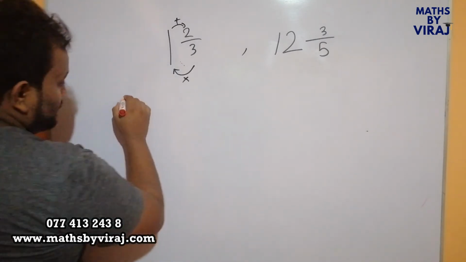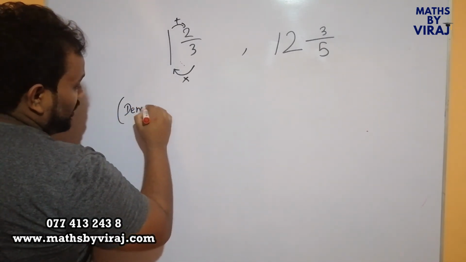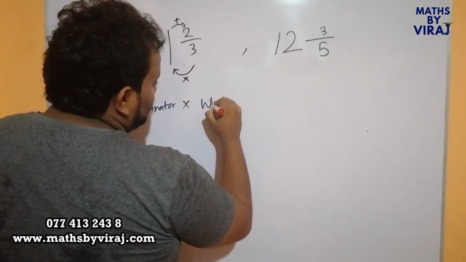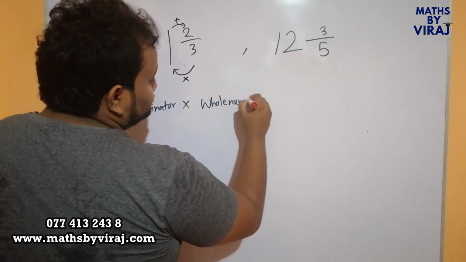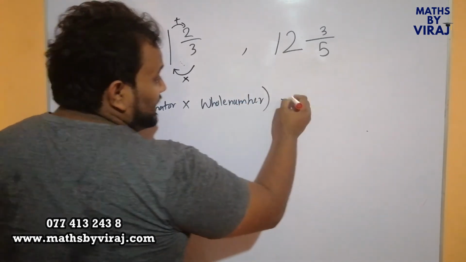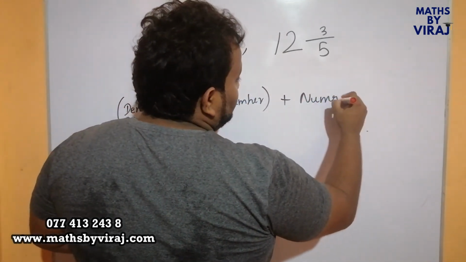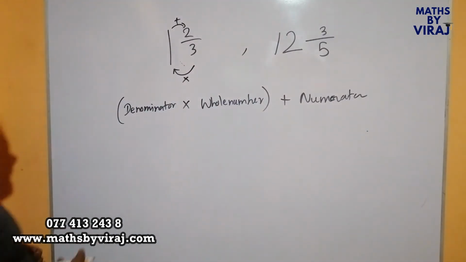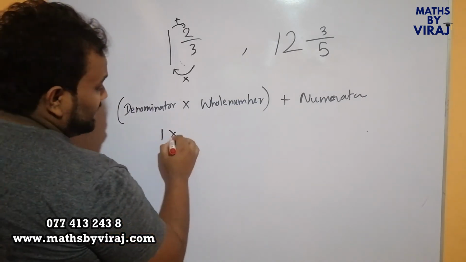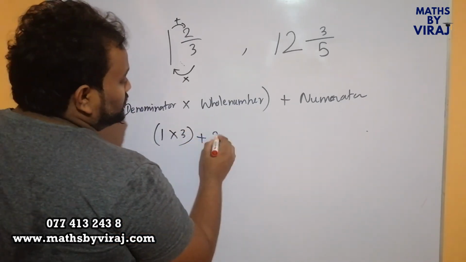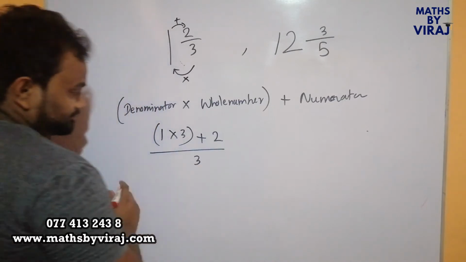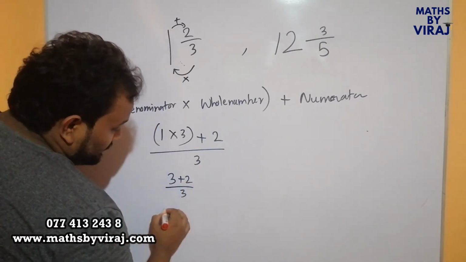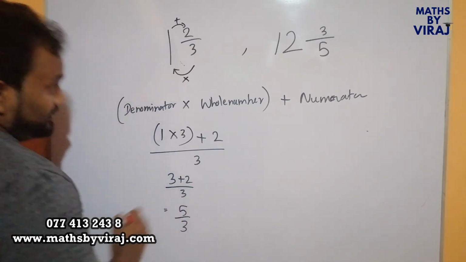The denominator is multiplied with the whole number. To that we add the numerator. Here 1 into 3 plus 2, which is over 3. 1 into 3 is 3 plus 2 over 3, which is 5 over 3.